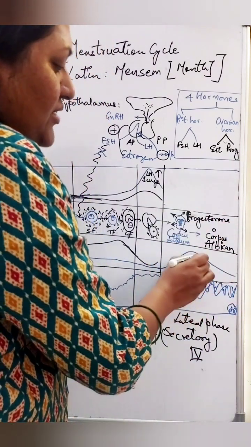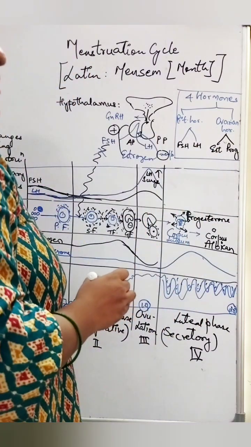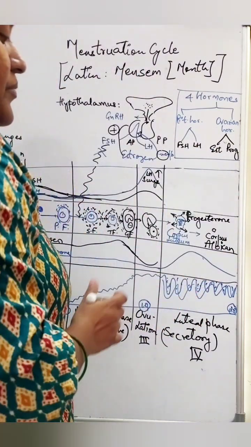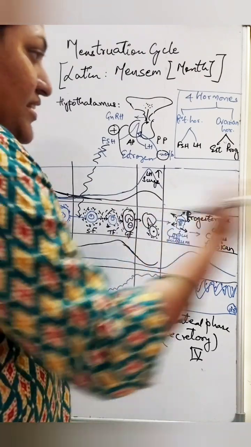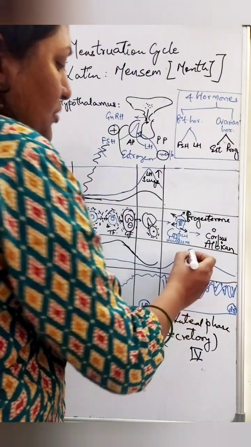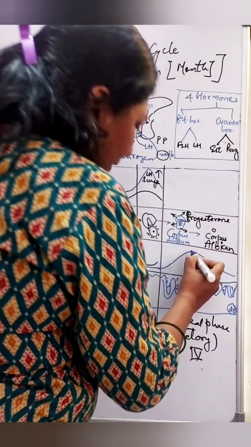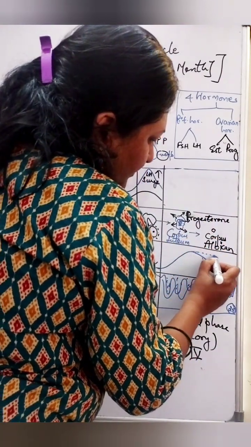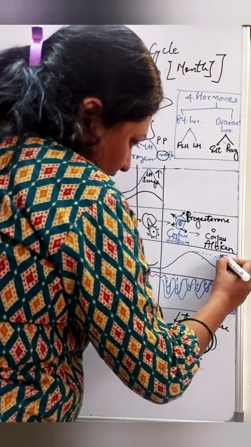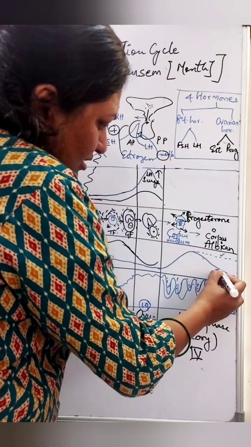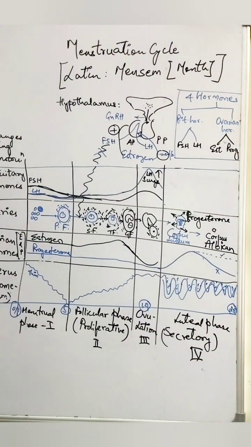No fertilization, no progesterone. If fertilization has occurred within this time gap before the onset of menstruation, the next cycle, then this progesterone would have remained high in the blood. So this is like a tick mark, fertilization occurs. If there is no fertilization, the graph will drop down.